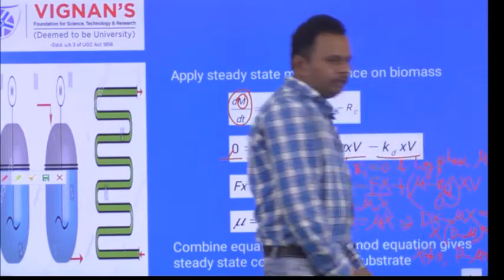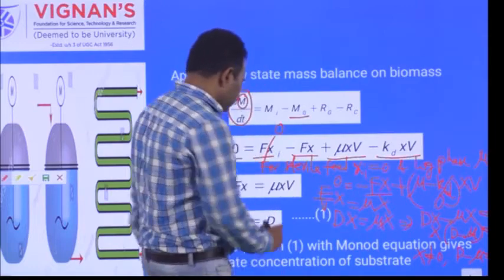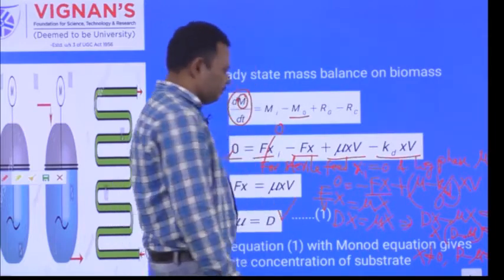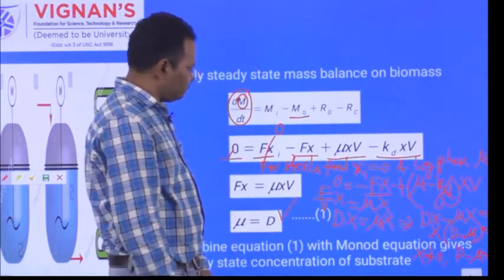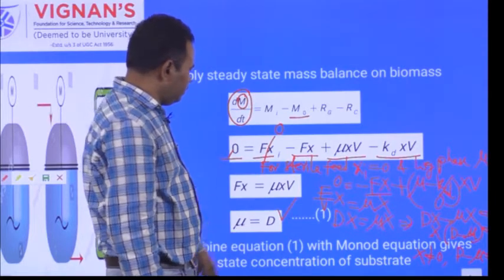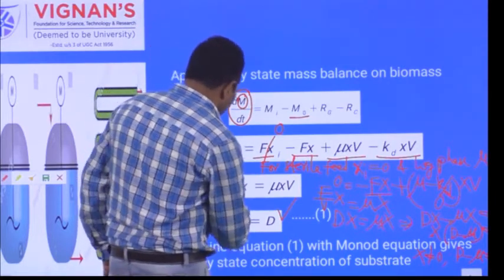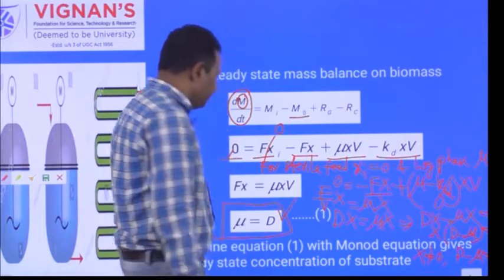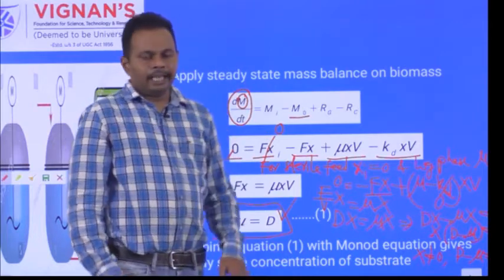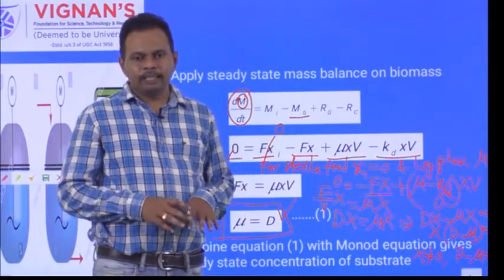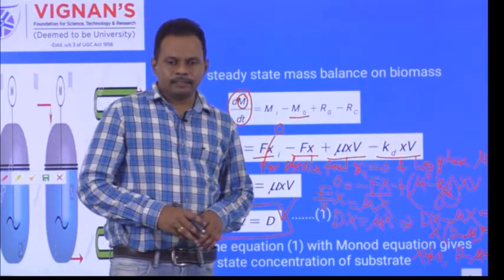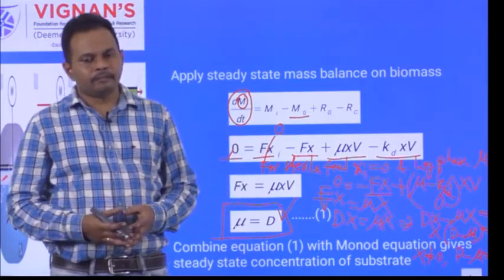When you make D minus mu equal to 0, from this you get D is equal to mu. From this you obtain mu is equal to D. What is the meaning of this equation 1? The growth rate mu being equal to D says that the growth rate of the cells depends on the dilution rate.